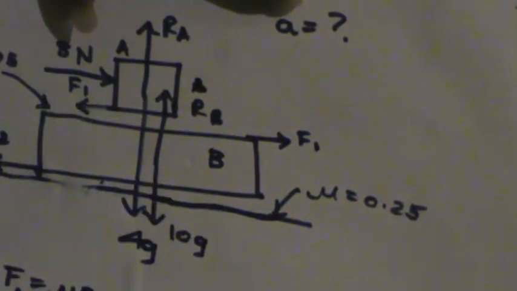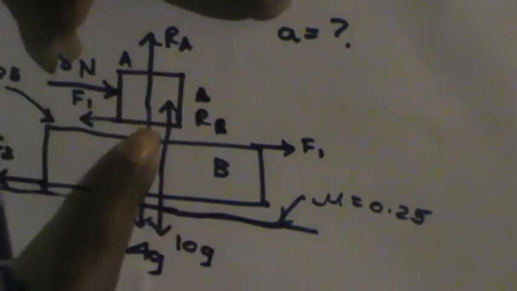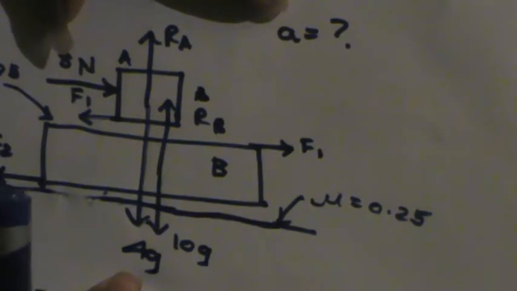RA is the normal force acting on A and RB is the normal force acting on B. In the vertical direction, RA will be equal to 4g, which is its weight.